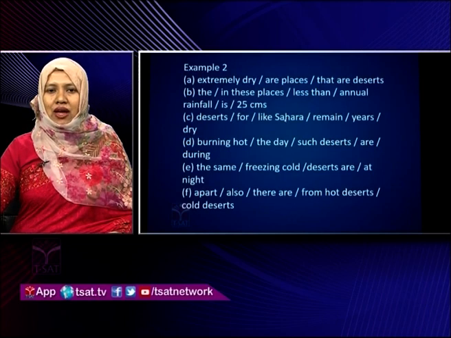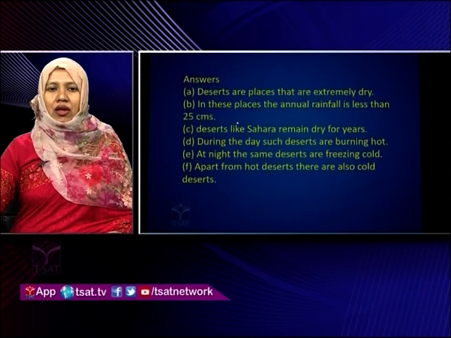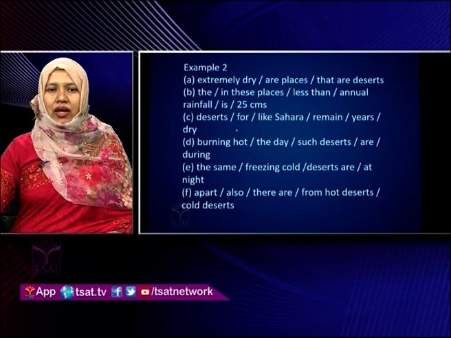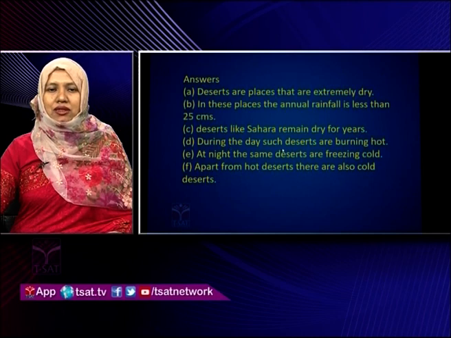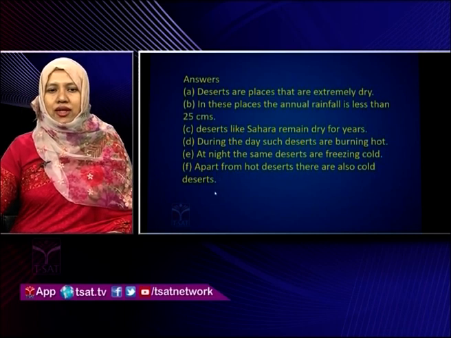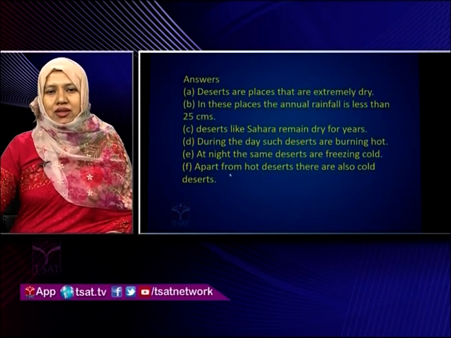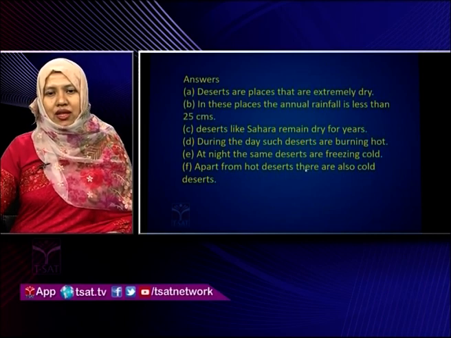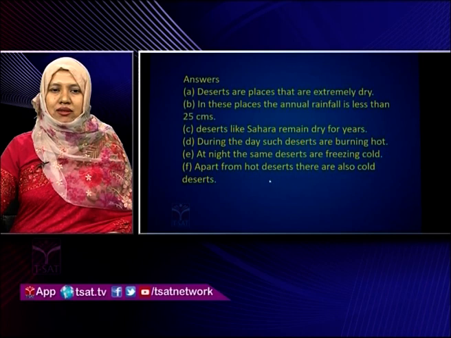Deserts like Sahara remain dry for years. During daytime such deserts are burning hot. At night the same deserts are freezing cold. Apart from hot deserts there are also cold deserts.